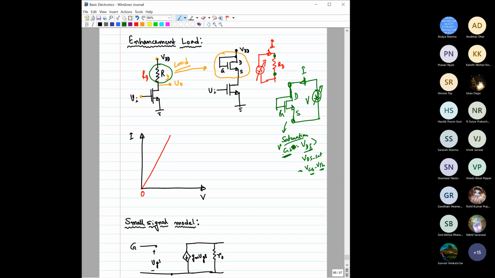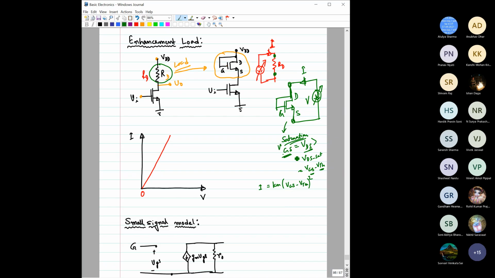So the transistor is always in saturation. Once the transistor is in saturation, the current-voltage characteristics are related by the equation with VGS minus VTN squared.